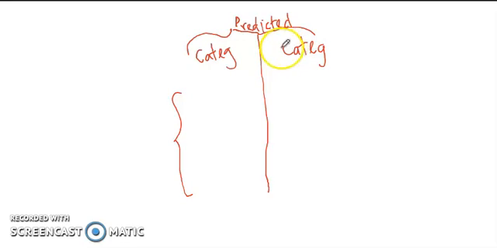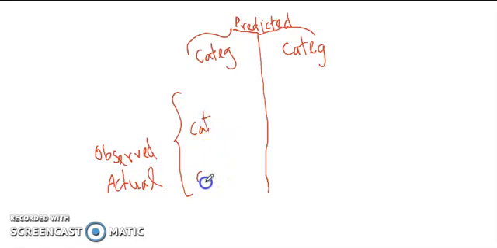The columns are going to keep track of what's predicted. The rows are going to keep track of what is observed. Sometimes it's common to say this is the actual observation, so observed or actual. You also keep track of the categories or the classes here. And so this gives you a table.